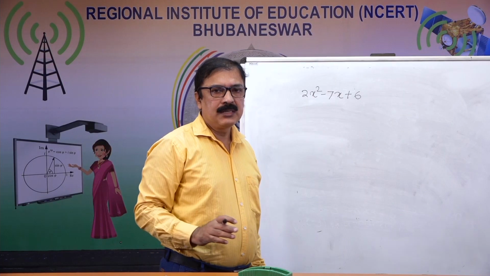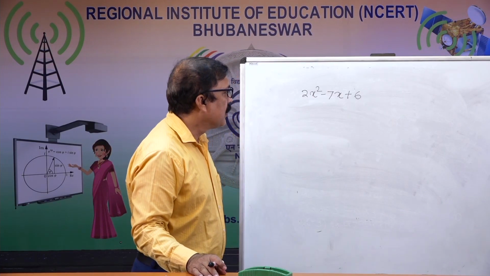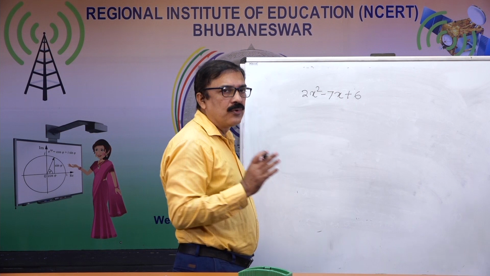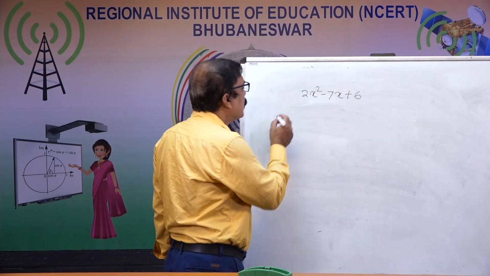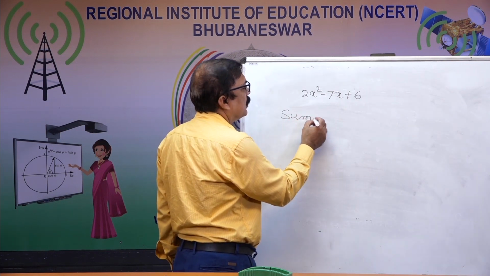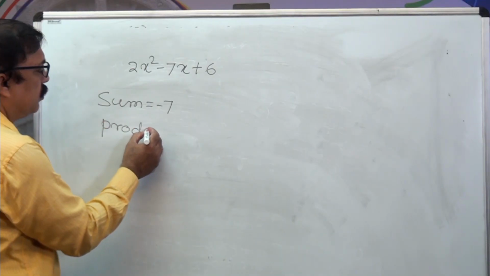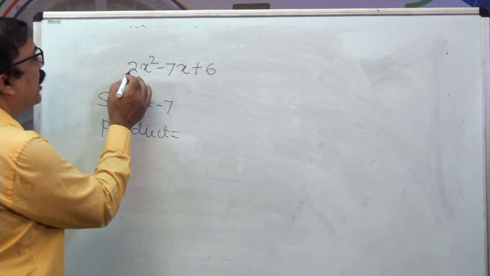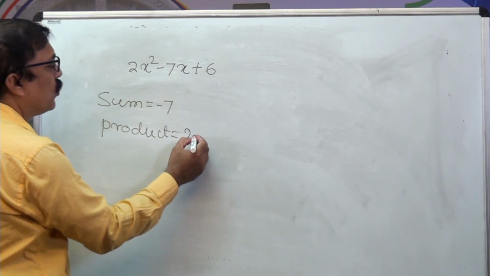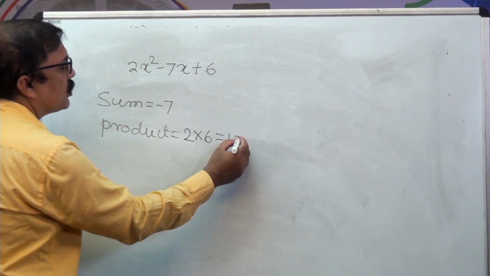As previously we discussed, we have to choose two numbers such that the sum is minus 7 and the product is AC, means 2 into 6, that is 12.